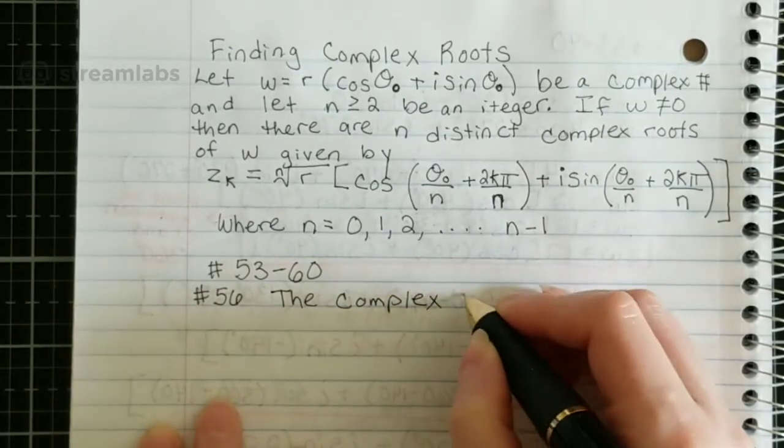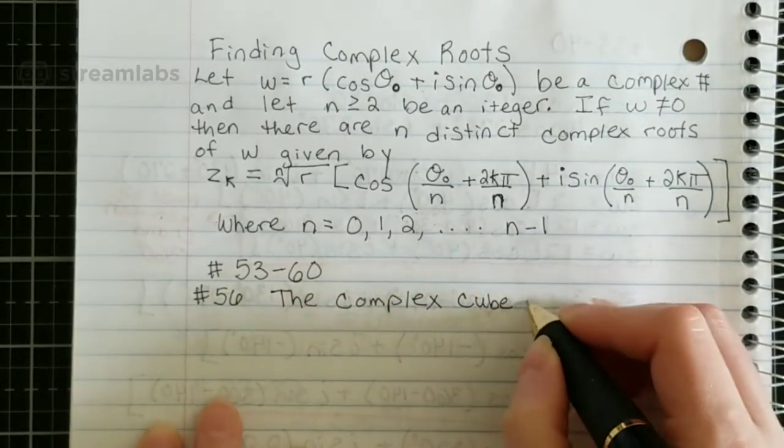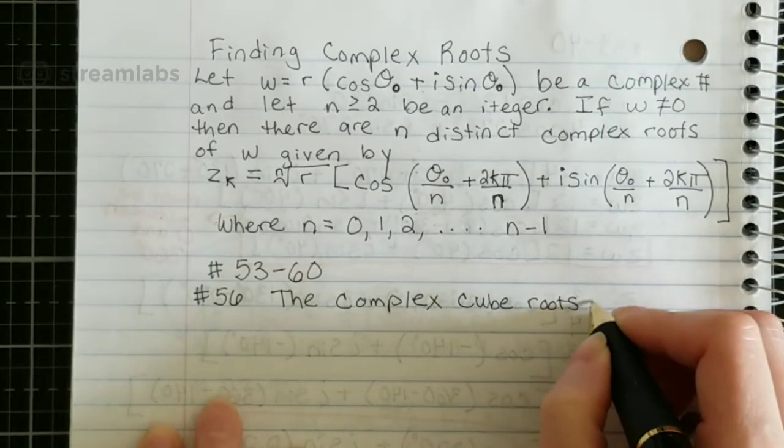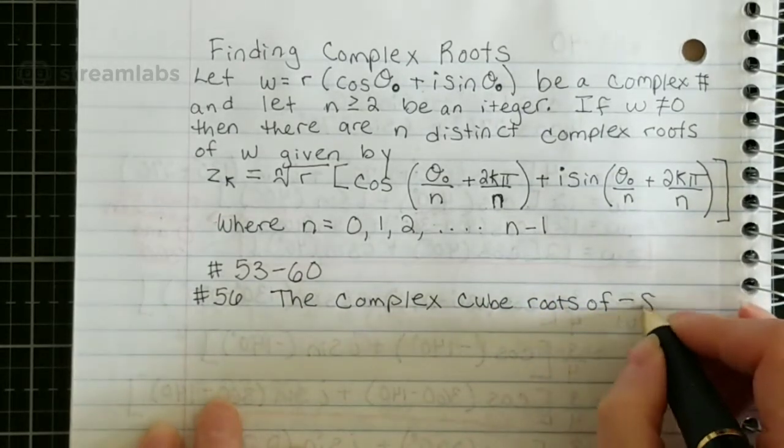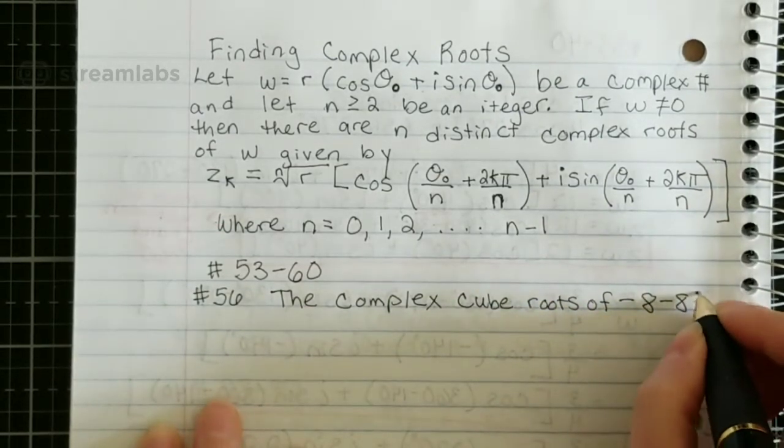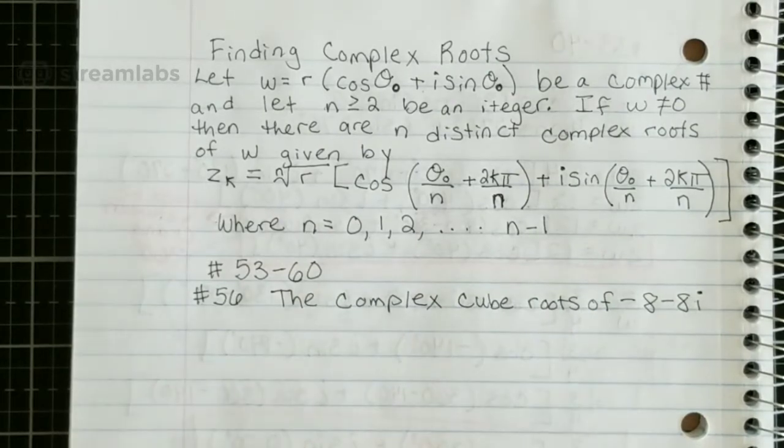So the complex cube roots of -8 minus 8i. That's the problem. The directions say find all the complex roots. Leave your answer in polar form with the argument in degrees.